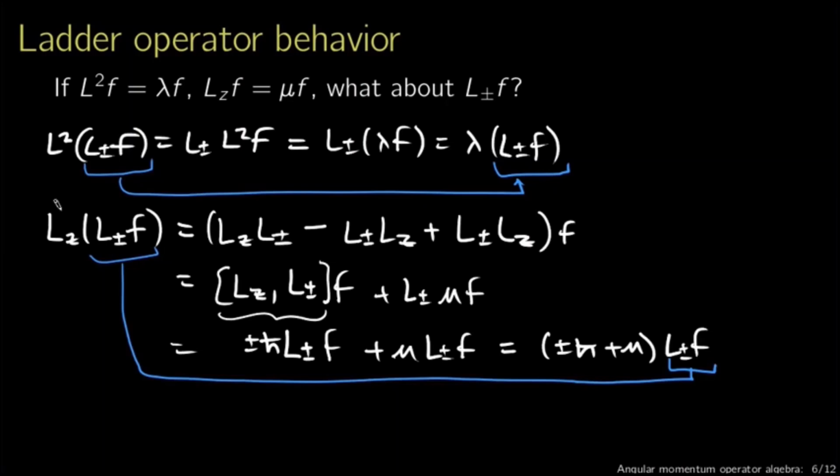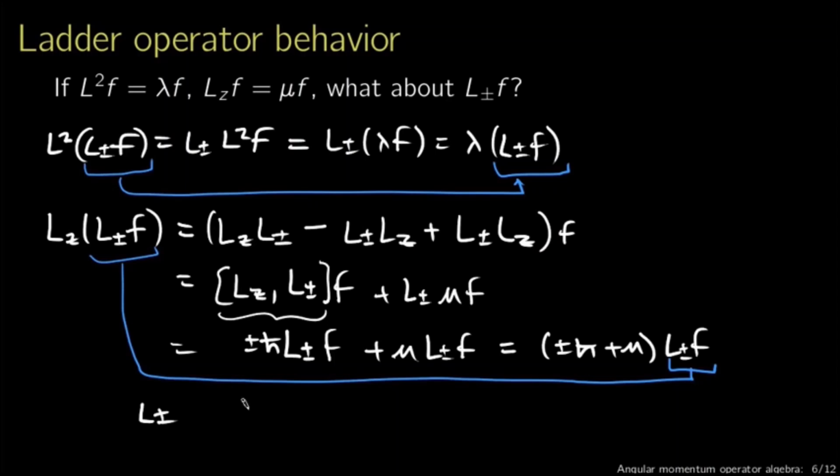And again, what we got is that if F is an eigenstate of Lz, L plus or minus F is also an eigenstate of Lz with a slightly different eigenvalue. L plus or minus acting on F was an eigenstate of L squared with the same eigenvalue, but for L sub z, we got a different eigenvalue. Notice specifically what this does.